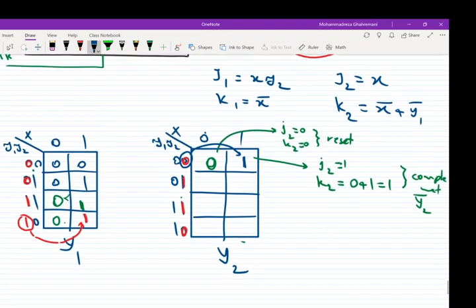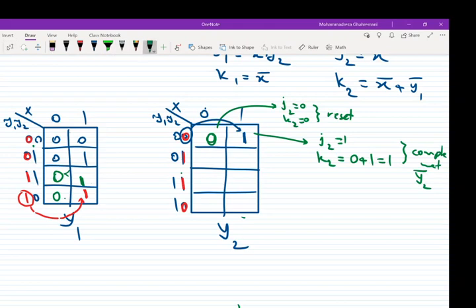Okay, the same thing for example for this cell. For this cell j2 is 1, which is x, k2 is x bar, which is 0 plus y1 bar.